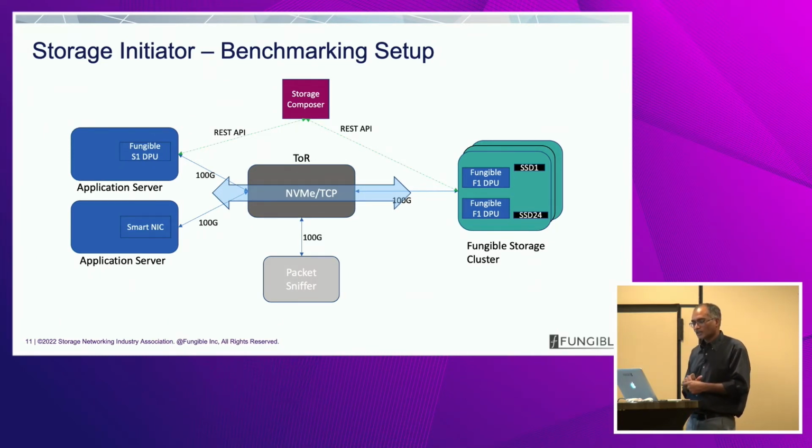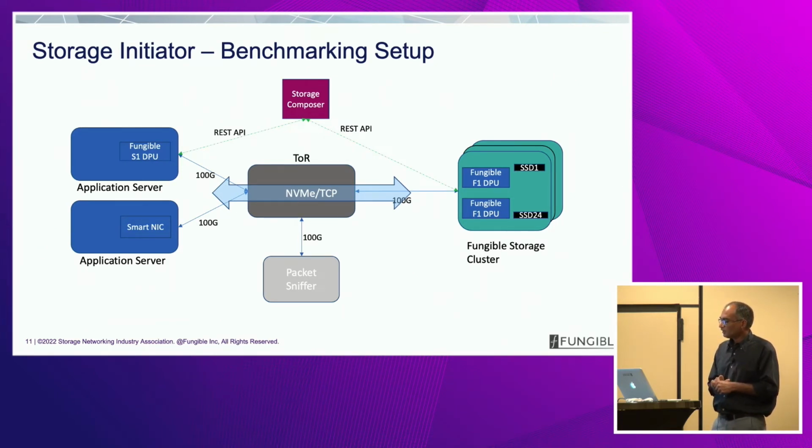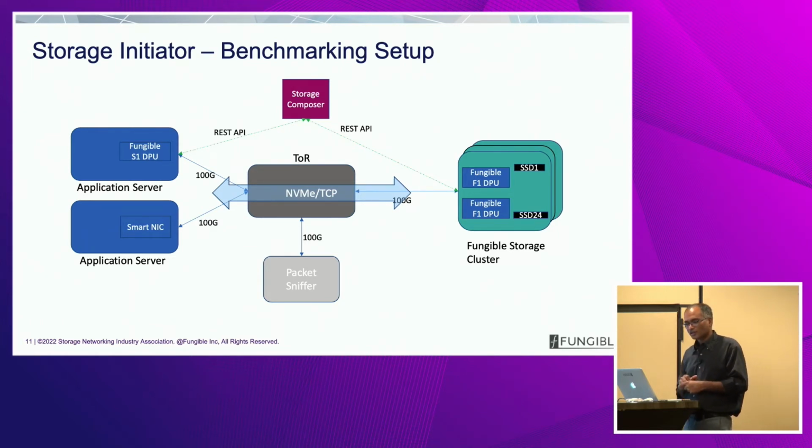All of these are connected via a TOR 100 gig switch. We also have a packet sniffer for debugging and other purposes. And there is a storage composer that runs on a few servers for high availability, which is also connected to all the DPUs, the DPUs on the initiator as well as the DPUs on the target.